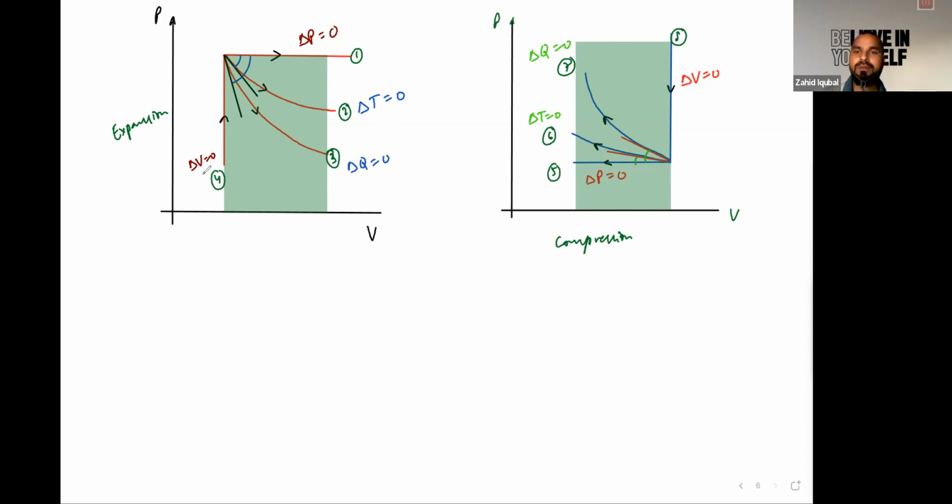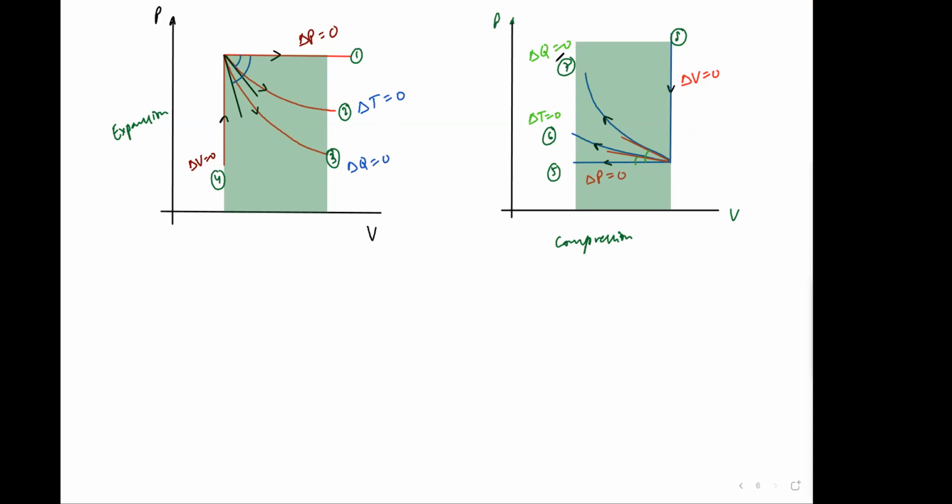For the isochoric part, work done will be 0 since there is no change in volume. But in case of compression, isobaric is at the lowest point, so it will cover the lowest area, then isothermal, and the most is adiabatic. Is it clear? Yes.